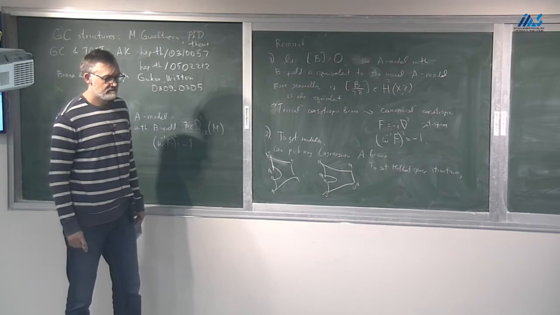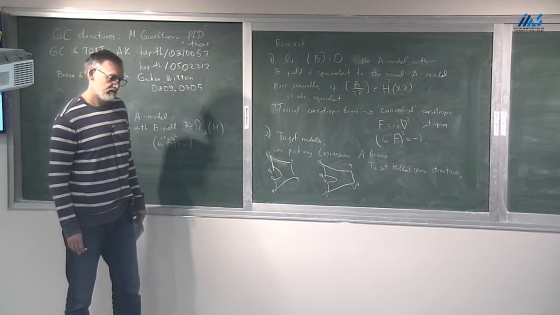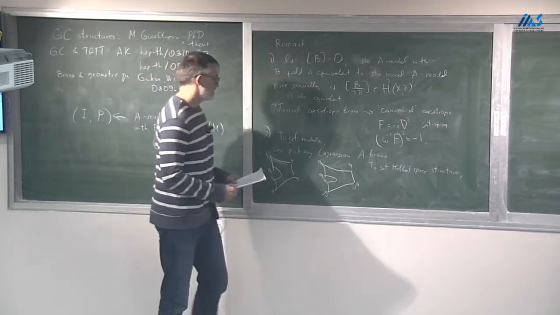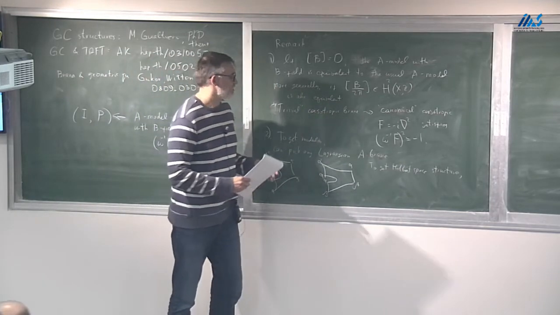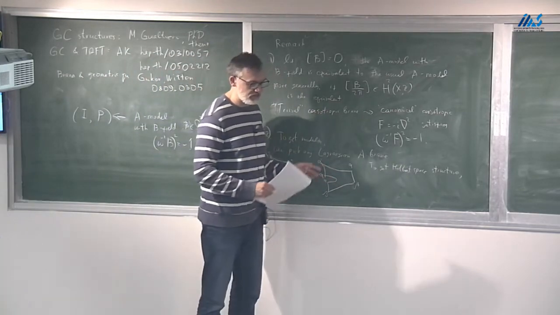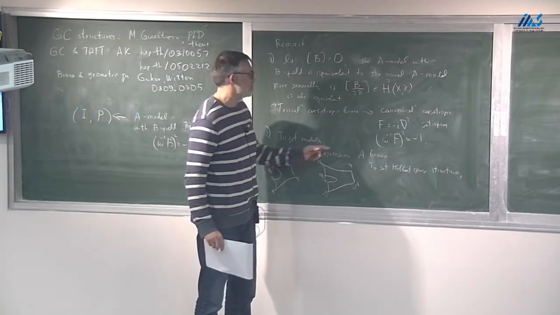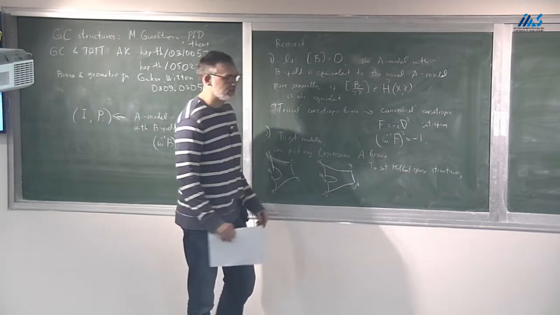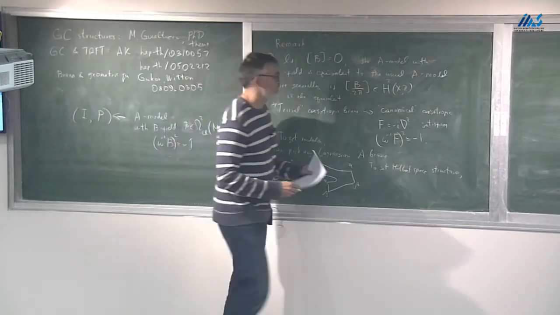How do you describe the space? Suppose we're in the easiest situation, namely when the A-brane is a complex Lagrangian with respect to the complex symplectic form.